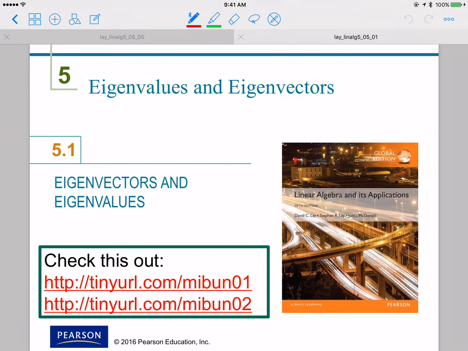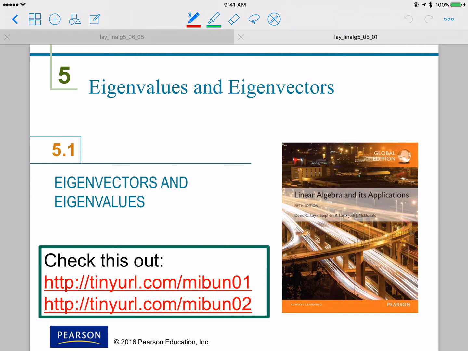Then we are moving to chapter 5 about eigenvalues and eigenvectors. This chapter is a really important part, and it is used so much in practice.